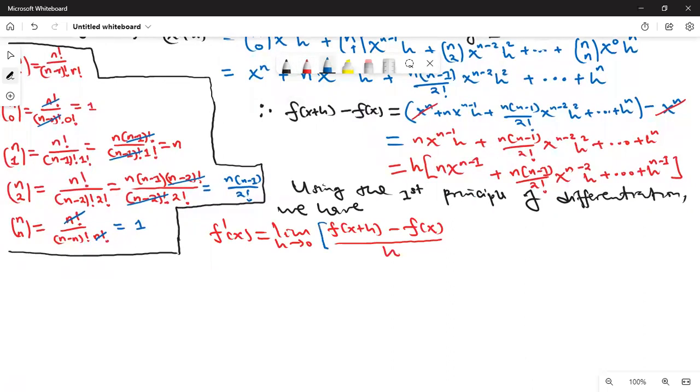Now we know the numerator and denominator is h, so when we substitute the numerator, that will be the limit as h approaches 0.